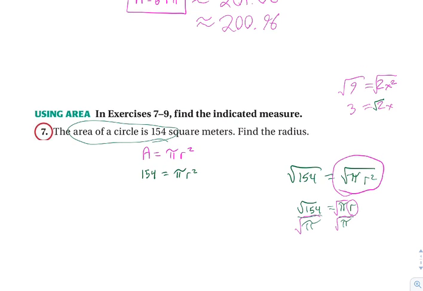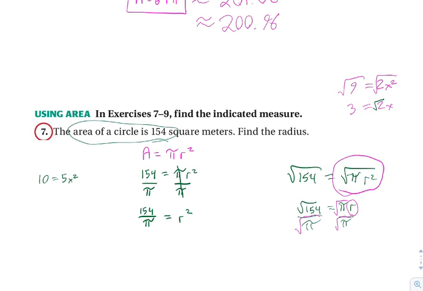So back to this problem. Instead, before we square root, a better approach would be to divide by the number. Because really this is analogous to saying 10 equals 5x squared. So we divide by the 5 first. Pi is just a number, so we divide by the pi first. And we get r squared equals whatever 154 over pi is.